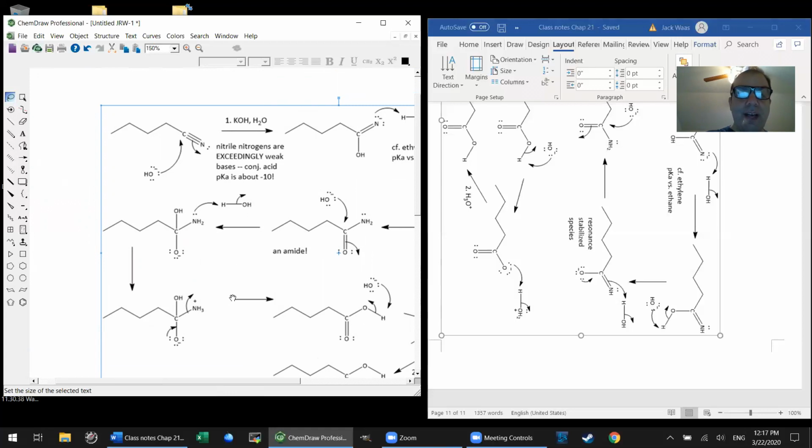If we protonated this nitrogen, NH+, you'd have a species with a pKa of about -10. There's no way you're going to make that in an alkaline solution. You're 20 orders of magnitude too acidic.